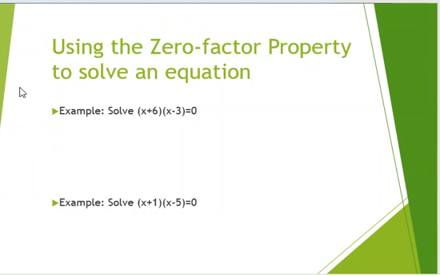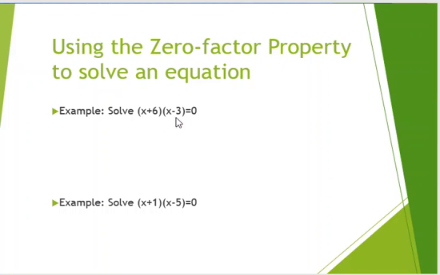So let's quickly just use the zero factor property and apply it here. We already have a factor form of this equation or polynomial, so it's just for the purpose of using the zero factor property.